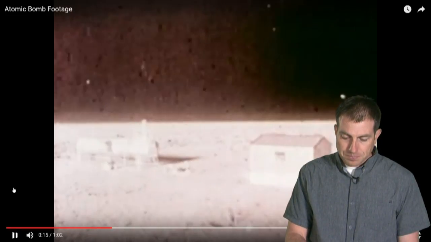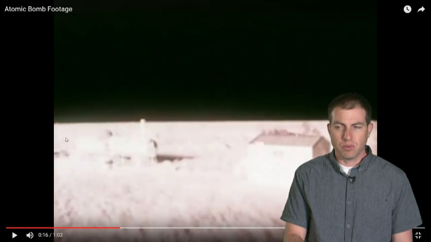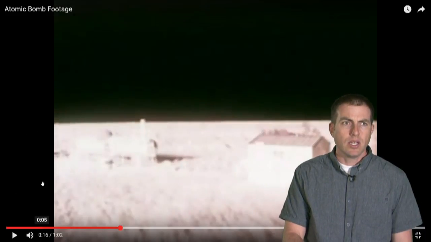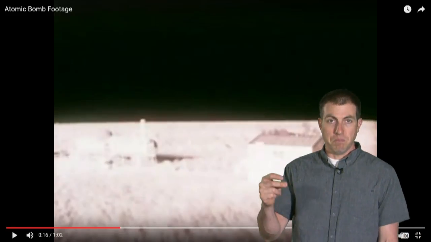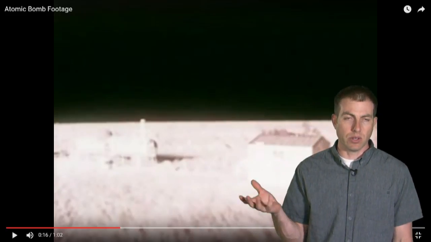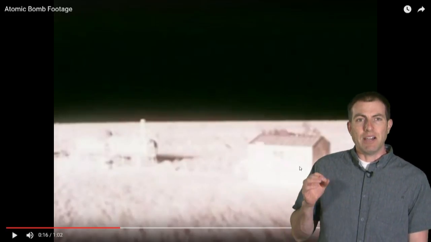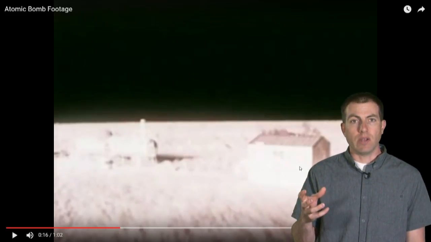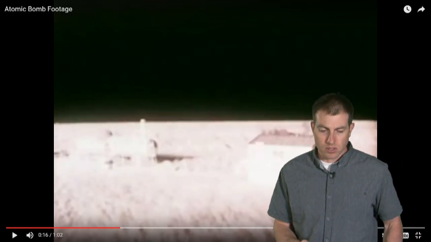So if you look at the pictures here, you can see that just before the big blast happens, all of the sort of paint and sidings on the buildings vaporizes instantly. So it just turns to dust. And if you were there, you'd turn to dust too, because so much energy is being released. After you get that, then you get the shock wave, and the shock wave is a pressure blast that kind of knocks things over.